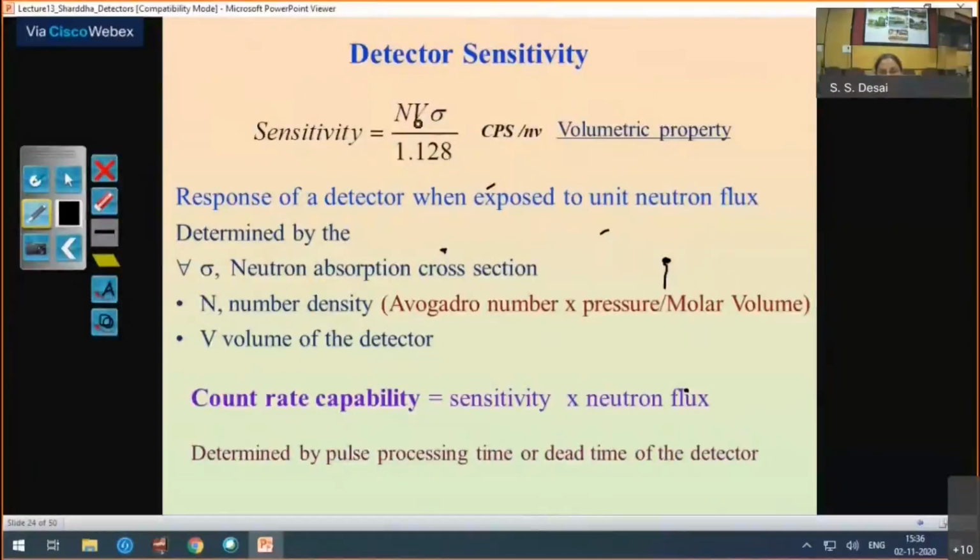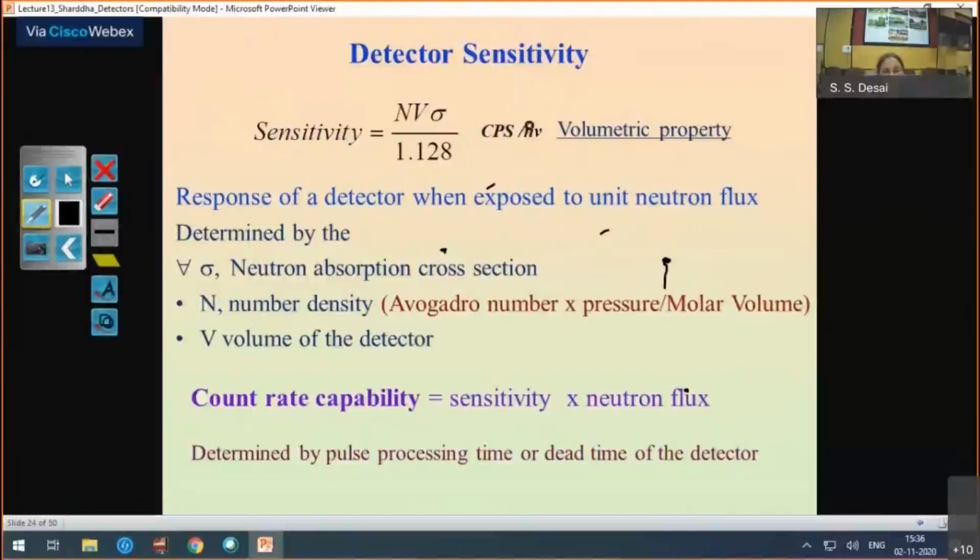This is the total volume of the detector in which the gas is filled, and this is the neutron cross section, taken at the mean velocity. So 1.128 is a normalizing factor. You can see here how many counts we get from a detector when kept in unit neutron flux. It is a volumetric property of the detector, so the entire detector volume should be placed in the ocean of neutrons.